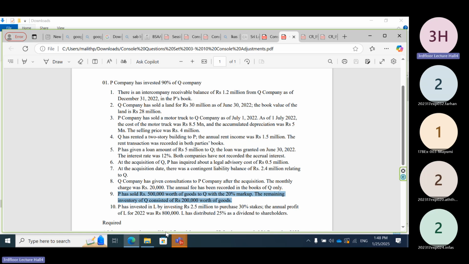Once you understand that, then we can adjust this type of transaction with the associate company, right?